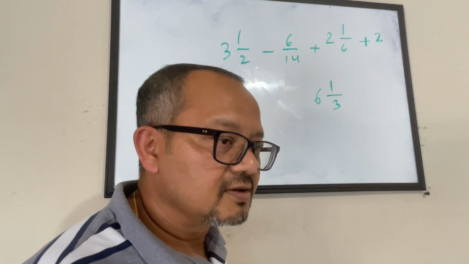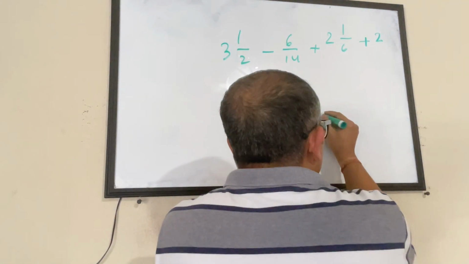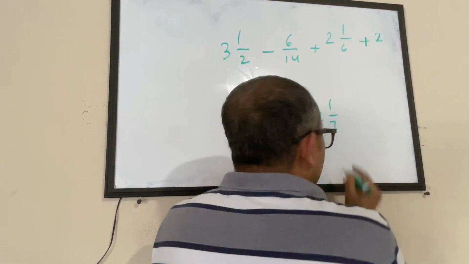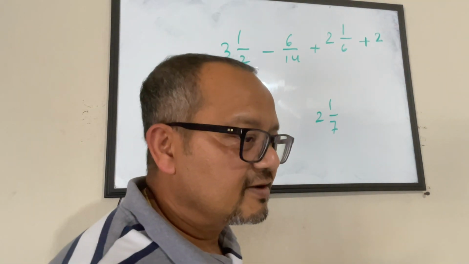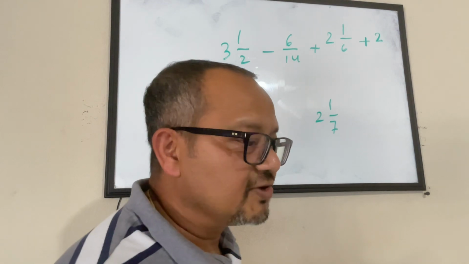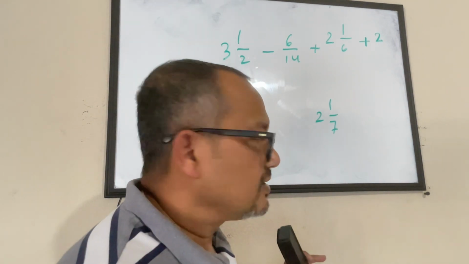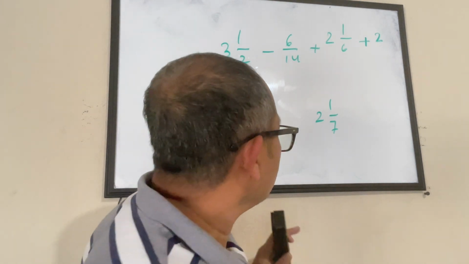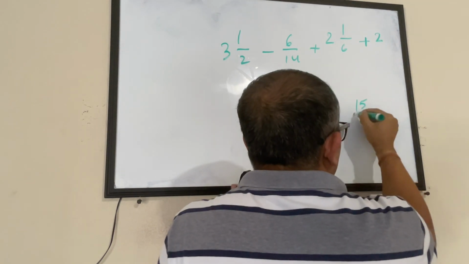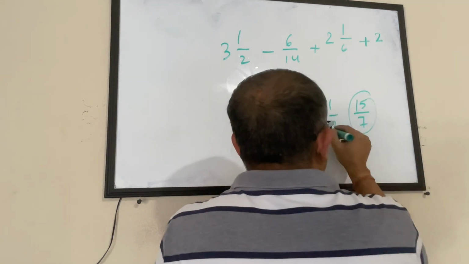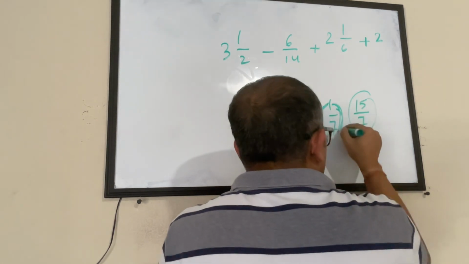It's for Yug. 7 2s are 14 plus 1, 15 by 7. Multiply, add, divide. Multiply, add, divide. Multiply, add, divide. That is how it goes.